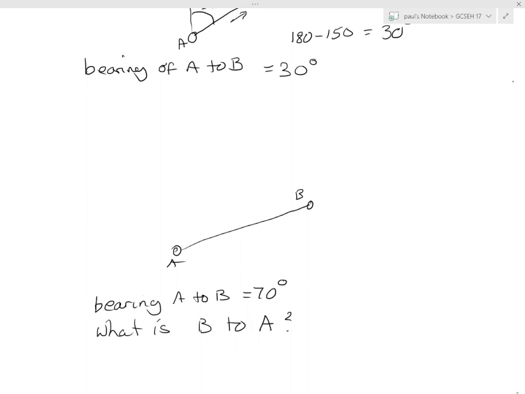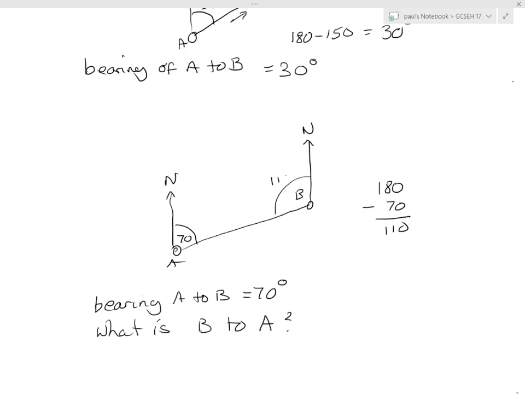Okay, so let's put in what we know. So there's north, and we know that that is 70. Now we can draw another north there to make our two parallel lines. So this one there with the B in is going to be 180 minus 70, which equals 110.